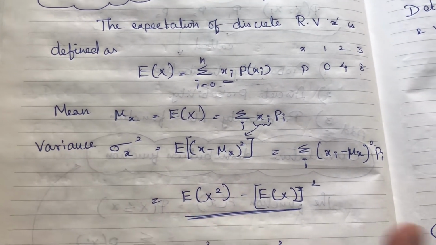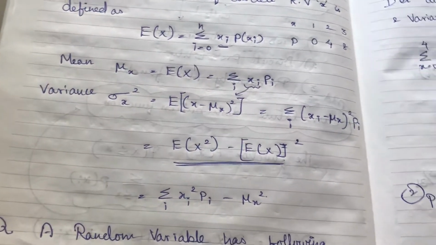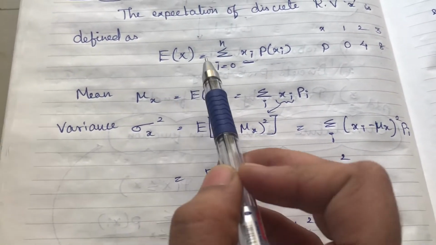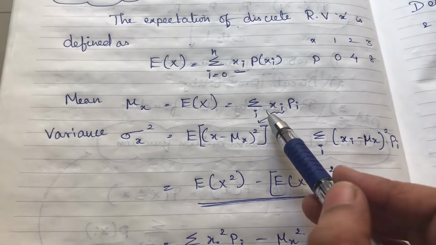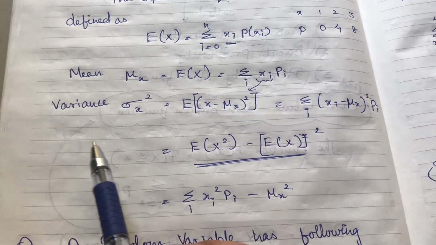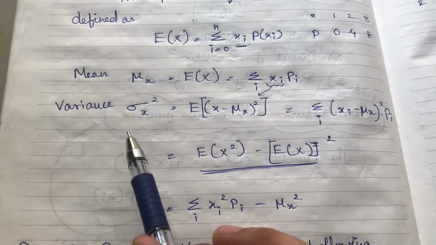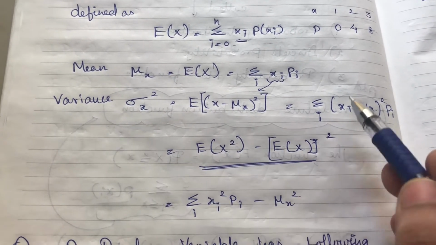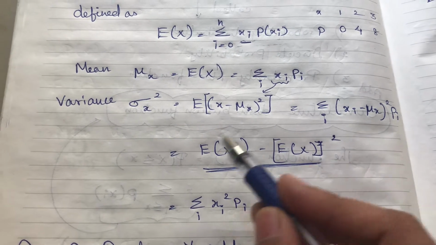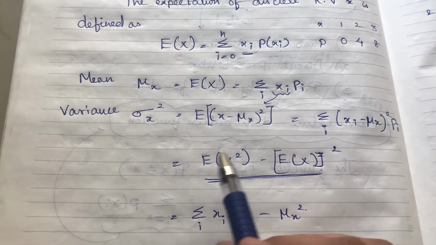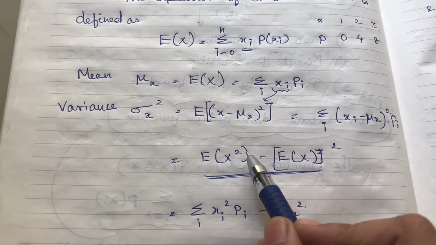Next thing is mean. These are very important actually. Mean is nothing but the same expectation of x, summation x into pi. Variance is nothing but E of x square minus E of x the whole square, so we need to replace this x by x square.